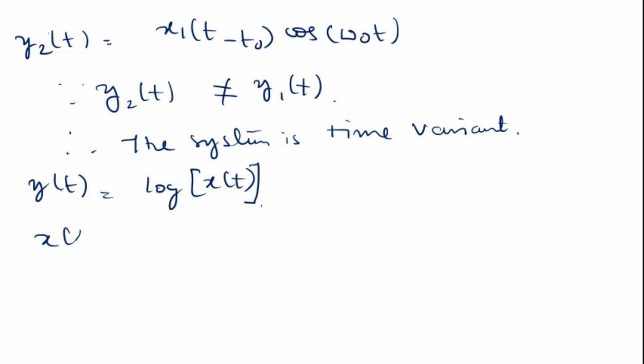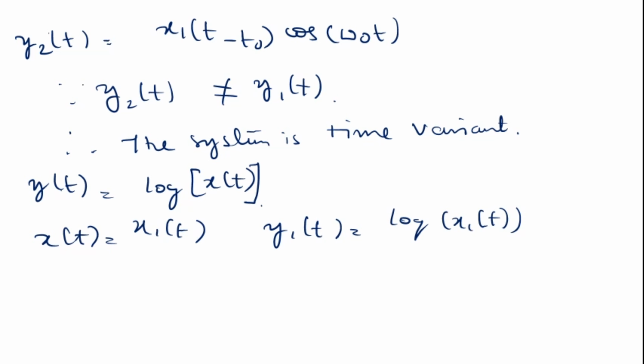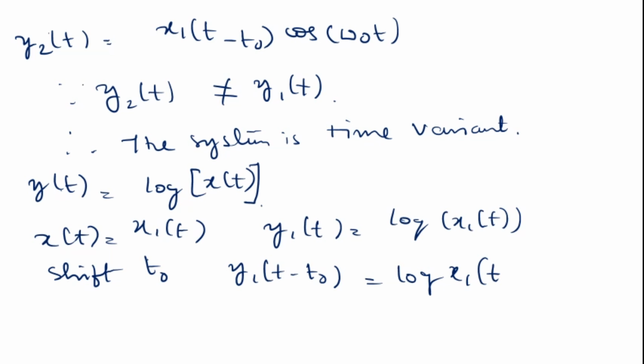Let input x of t is equal to x1 of t, then output y1 of t is equal to log of x1 of t. Then we have to shift it by t naught. Then y1 of t minus t naught is equal to log of x1 of t minus t naught.